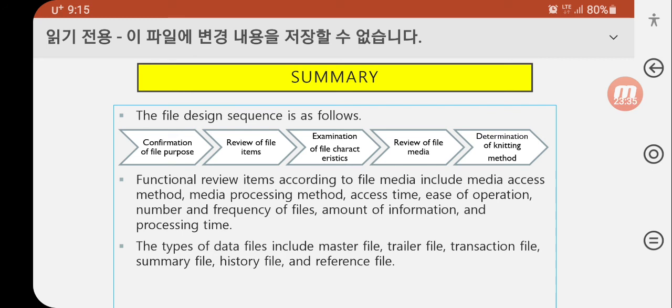The types of data files include master file, transaction file, history file, trailer file, summary file, and so on. File organization and related media characteristics can be classified as follows.